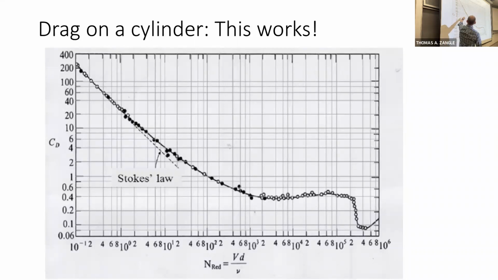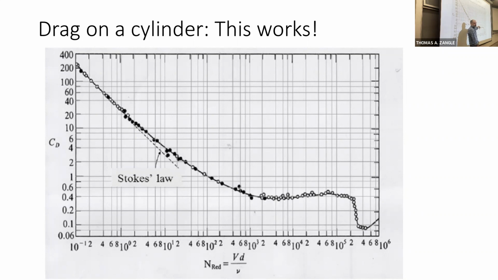These data points in different shadings are all from different experimenters, different labs over decades. But when expressed in this way, they all fall on one line. Now this line has a weird shape.